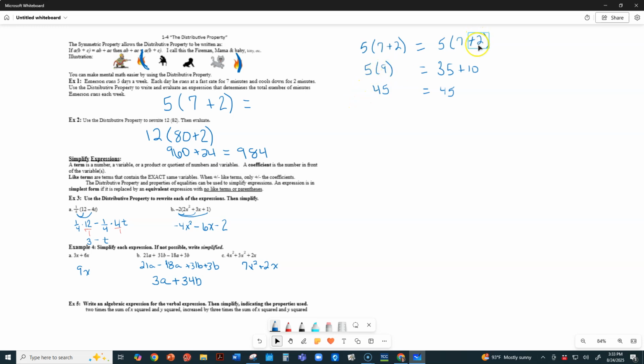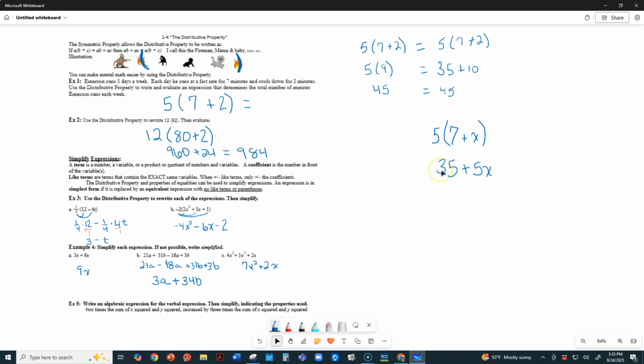But if we didn't know the value of the 2, if we just knew that he was doing 7 minutes fast plus some minutes slow down, and he did that 5 days a week, then we would know he was running at least 35 minutes. I said miles, but I mean 35 minutes. And then we would find out the rest once we figured out how much time he spent slowing down.